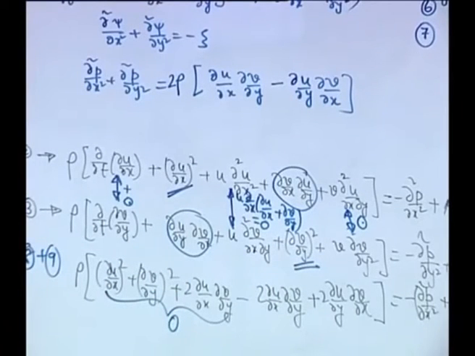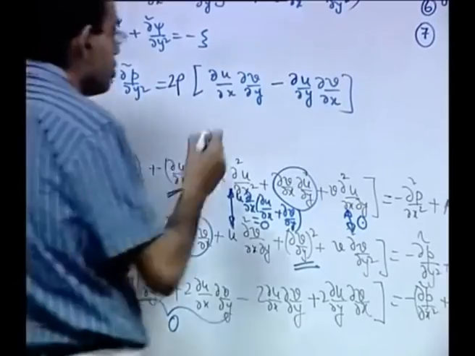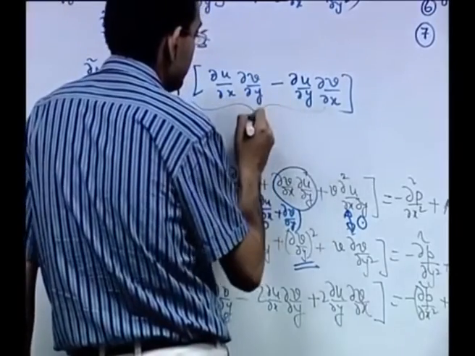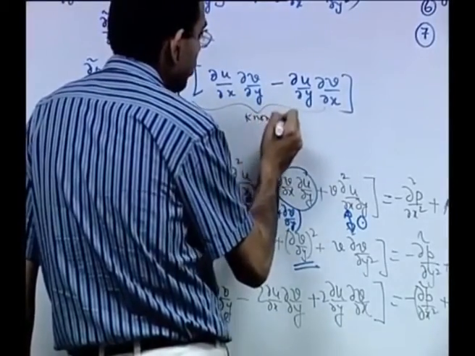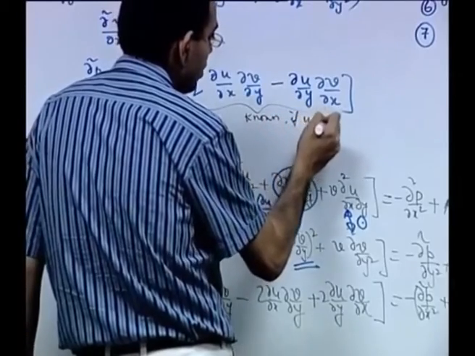Once u and v have been solved by using the stream function vorticity approach, this is the right hand side which is known, if u v are known, if u v are solved.